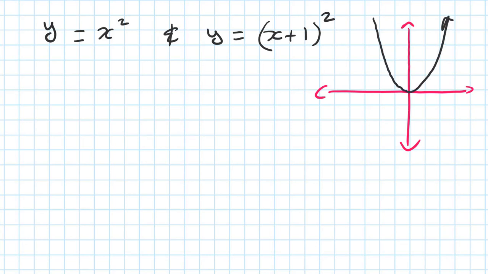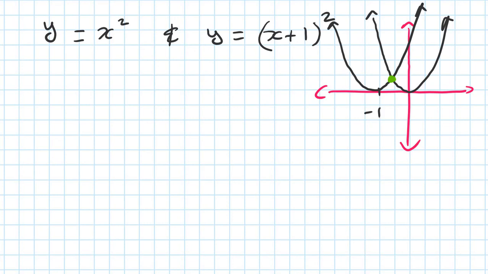This is y equals x squared, and because y equals (x plus 1) squared, it shifts 1 to the left, so minus 1 here. Now we're looking for the point of intersection. You can see clearly there is only one solution, only one point of intersection.